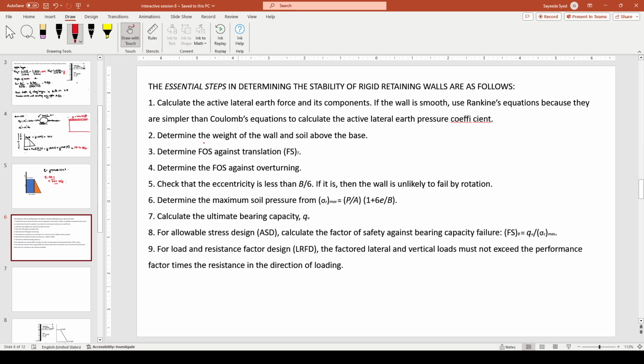Okay. So, the essential steps in determining the stability of rigid retaining walls. First of all, we calculate the active lateral earth forces and its components. If the wall is smooth, we use Rankine's equation because it is simpler than Coulomb's equation to calculate the active earth pressure coefficient.